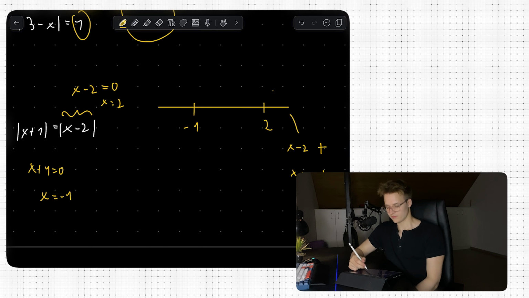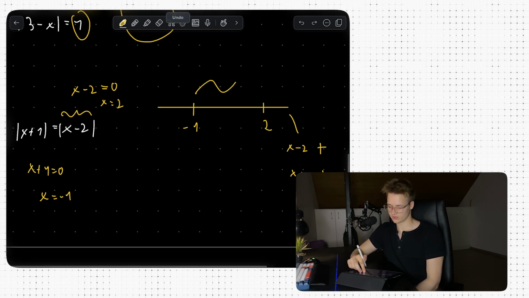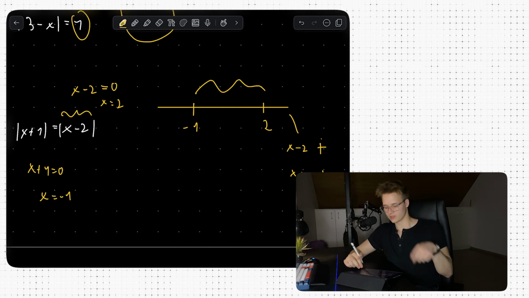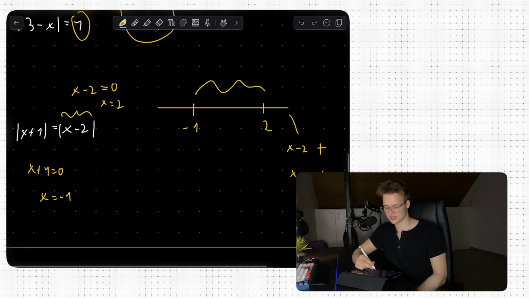Now, if x is going to be less than 2, so you see we've switched signs here, we went to this field here, then one of them is going to go from plus to minus, or from minus to plus, basically. And it's going to be the one whose number it is here. So, for example, x minus 2, we have 2 here. So this one is going to change signs here.